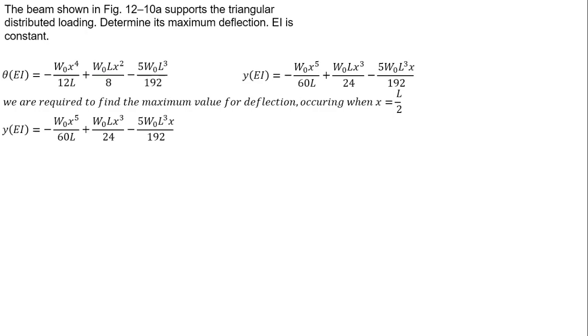So ngayon, i-write natin dito yung deflection equation natin. So y times EI is equals to negative W0 X to the fifth divided by 60L plus W0 L X cubed divided by 24 minus 5 W0 L cubed times X divided by 192. So substitute natin dito sa X yung L over 2.